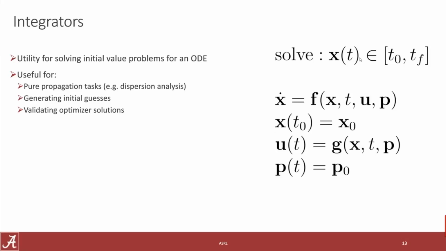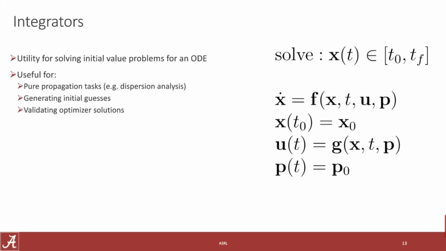So an integrator takes the form of: take some initial condition and run it through the equations of motion that this integrator was instantiated from until some time final. It's going to take the same format; that XTUP format is exactly what your initial conditions are expected to be in.